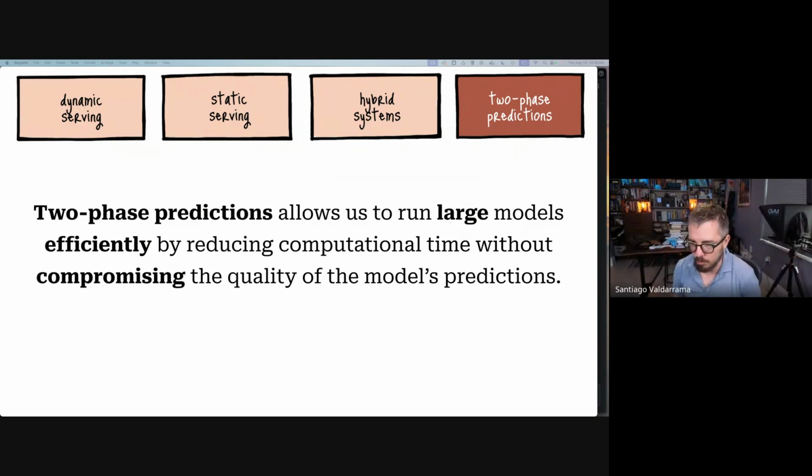If you have one of those assistants, even in your phone, the assistants are usually designed in a two-phase prediction approach, where you have a small, cheap, less powerful model ready to answer you, and a more complex, larger, more expensive model in the cloud that the small assistant will hand over questions to when they are too difficult.